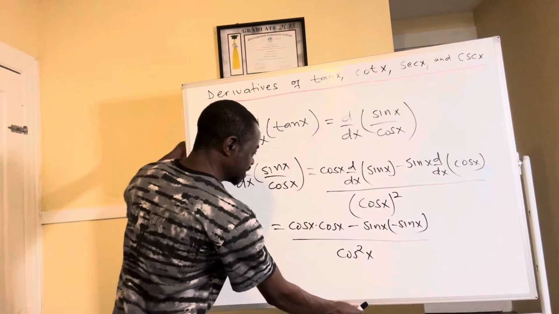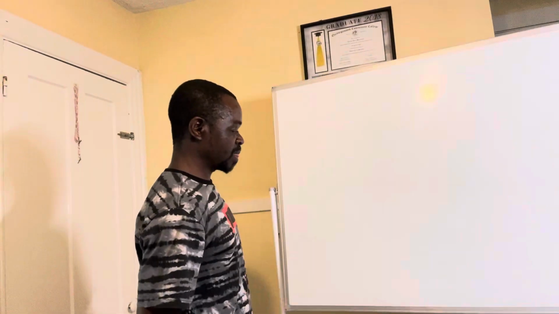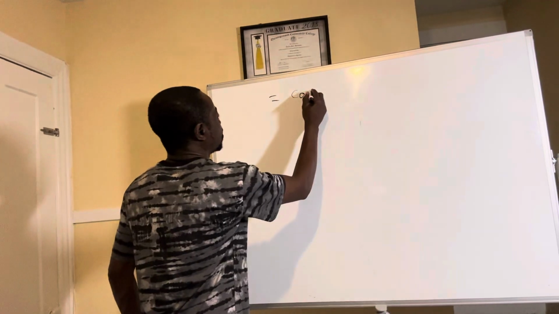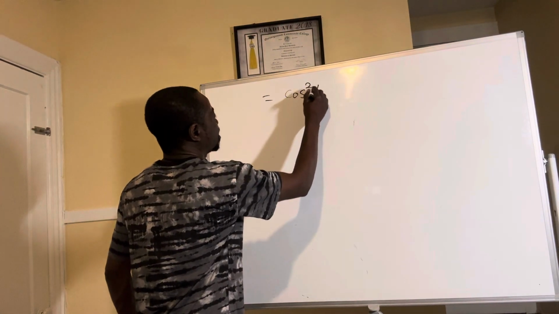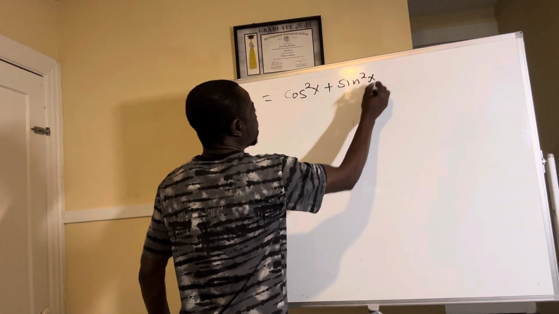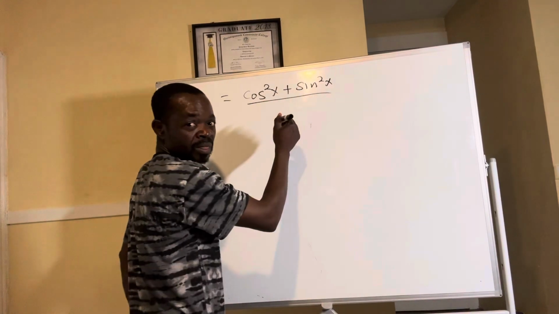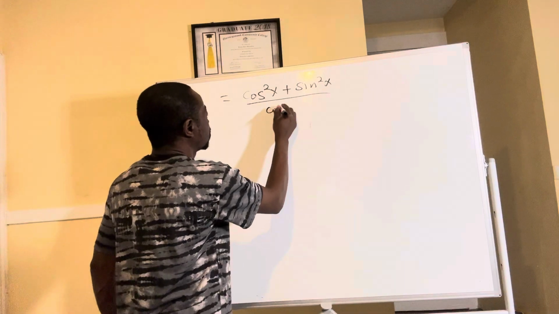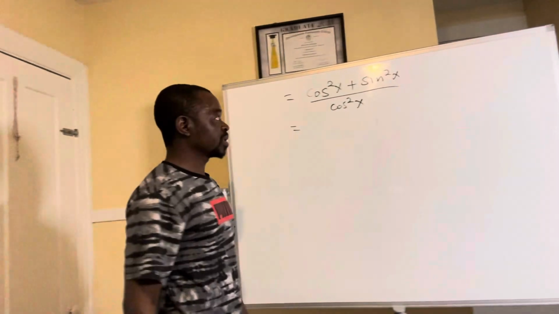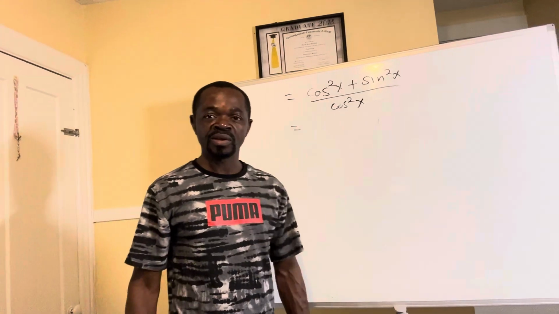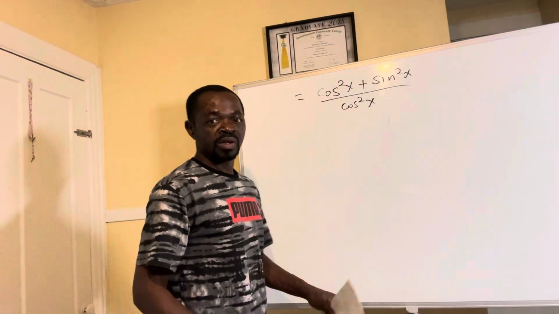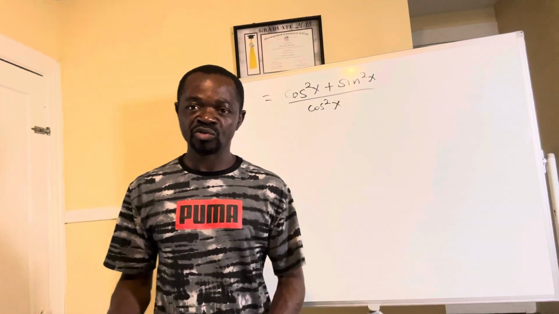So let me write it this way. That gives us cos square of x plus sine square of x, all over cos square of x. Alright, so we have what we call the identity rule.